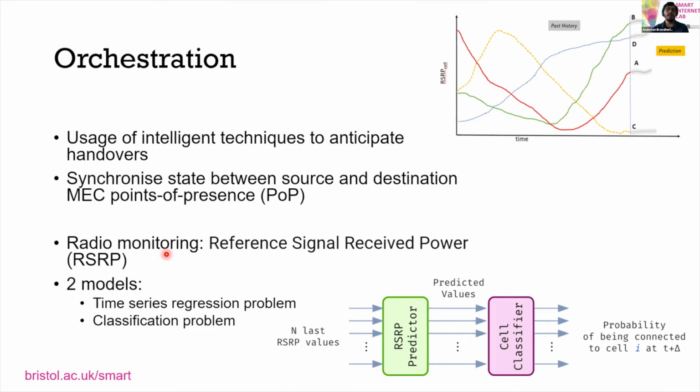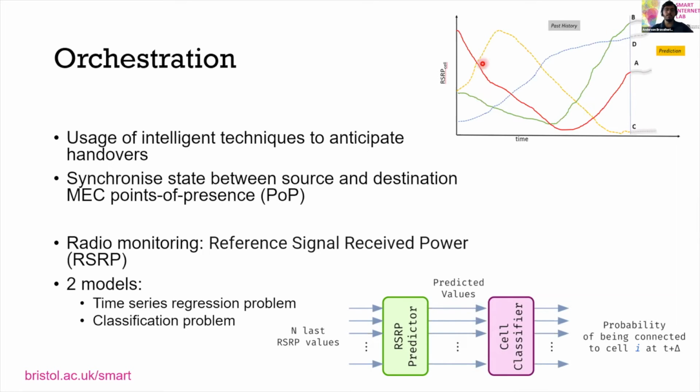The first one predicts what would be the future values for this RSRP, for the power of the signal that we are receiving, and the second one receives as an input these predicted values to classify, to tell us exactly which is the most likely access point that the user is going to be closer to in the future.